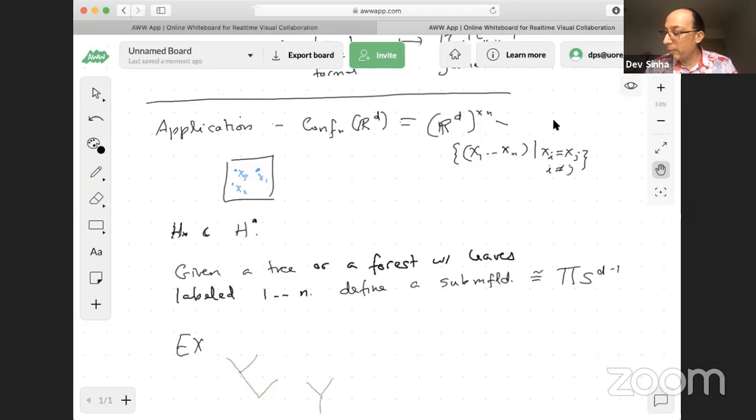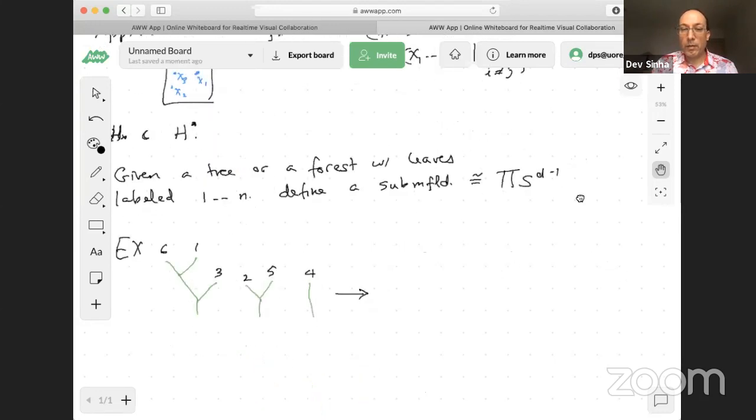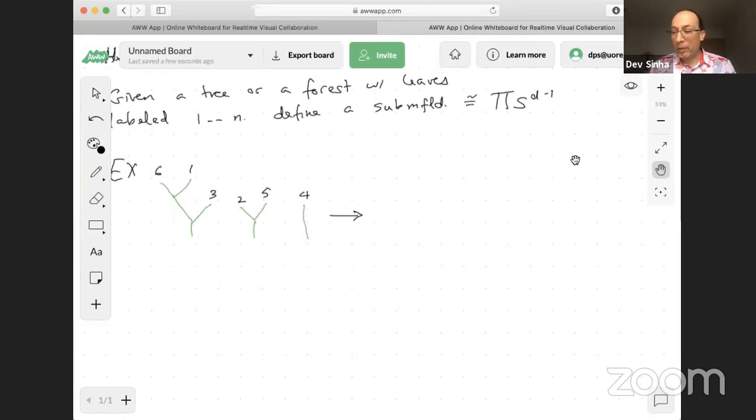I'll make it a forest right away. 1, 2, 3, 4, 5, 6. So to such a picture, to such combinatorial data, I'm going to make a torus. This won't be canonically defined, but the ultimate homology class will be canonically defined. And what I have to do is, well, there's 3 connected components to the forest, so I'm going to specify sort of 3 absolute center points.